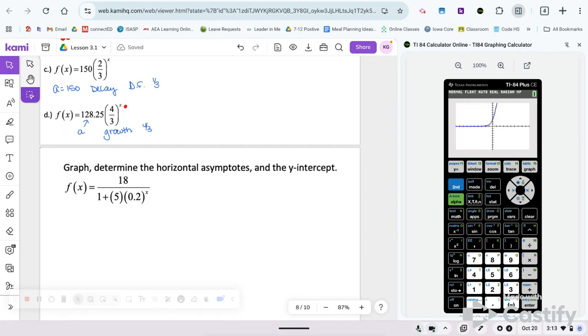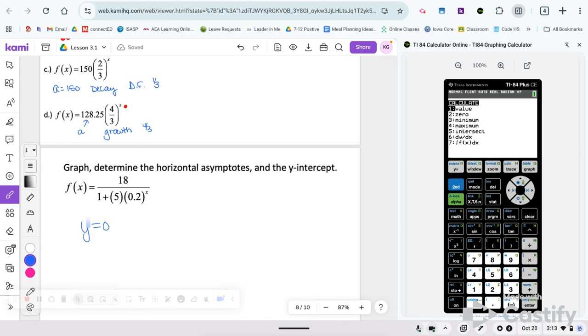So it says determine my horizontal asymptote, which looks like it's going to be y equals 0. And my y-intercept, if I do second trace value, x equals 0, it's 0, 3.